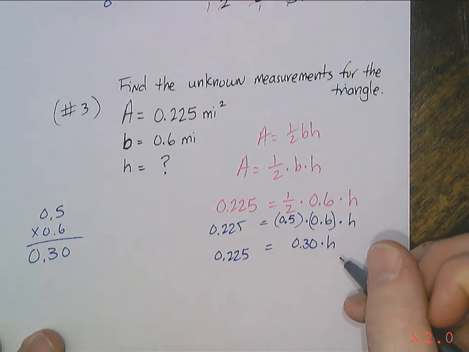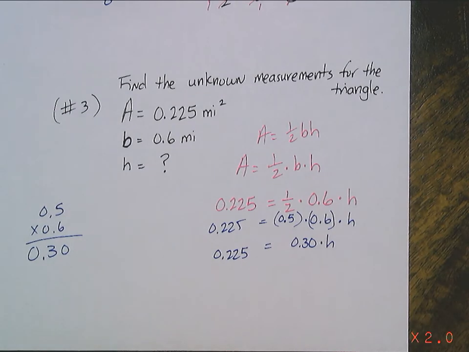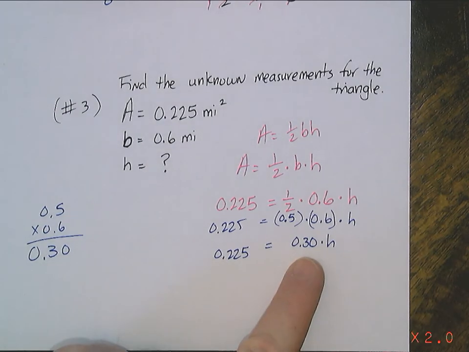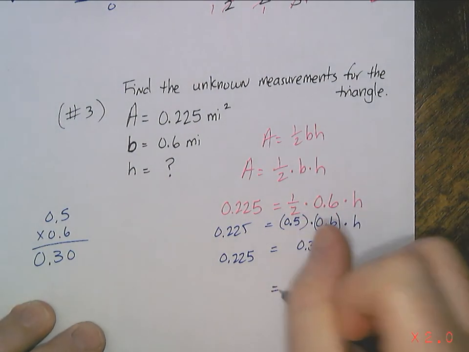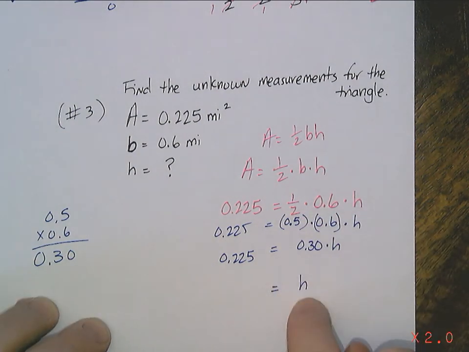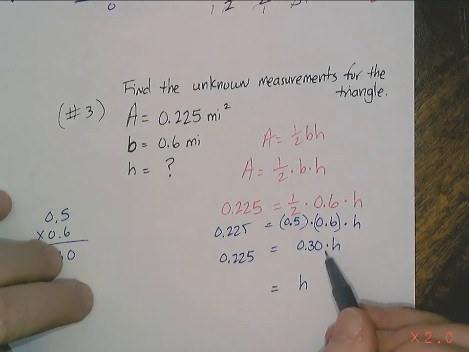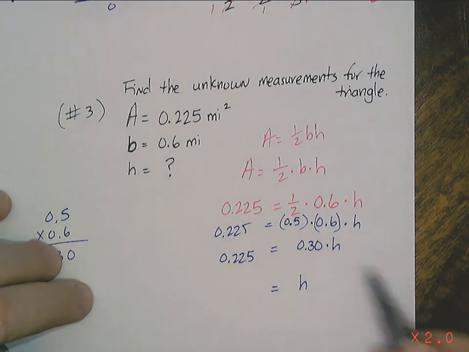Then you're going to divide, because remember we want to know what h is, the height, right? We want it by itself. We want to know what the height equals. So in order to go from here to here, we have to get rid of that 0.30. And the only way to do that is to do the opposite. So what's the opposite of multiplying by 0.30? Dividing by 0.30.